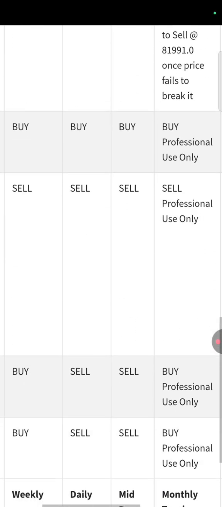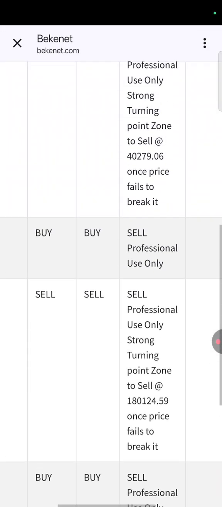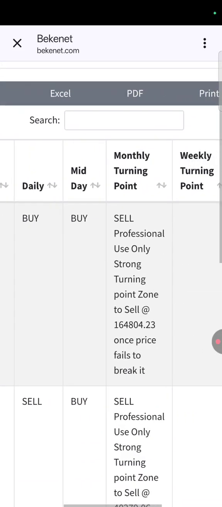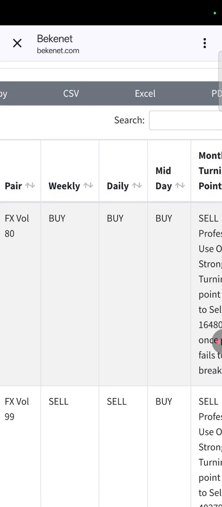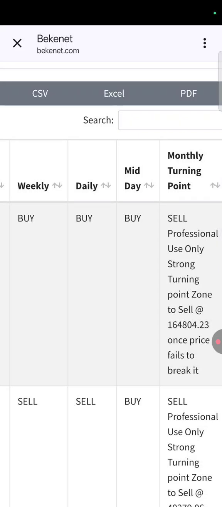So at the beginning of this month, what this does is that it tells you the direction of the market for the week, for the day, and the midday. There's a turning point during the midday around 12:01. You'll get to know that when you come here. But you don't just buy or sell when you see buy or sell here. You must wait for alert.